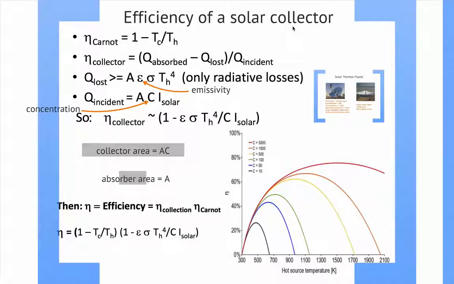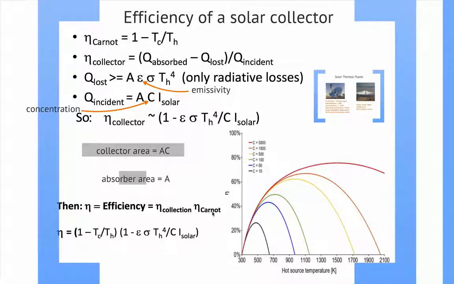The efficiency of a solar collector can be written as, so the total efficiency is here, okay, eta is a product of the efficiency of a collector and the efficiency of the heat engine associated with that collector. So imagine there is some way to collect the sunlight and heat up the hot part, then there's a Carnot engine associated with that hot part, and there's another cold part, which gives you the total efficiency.